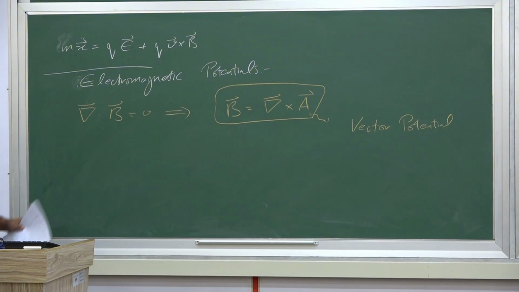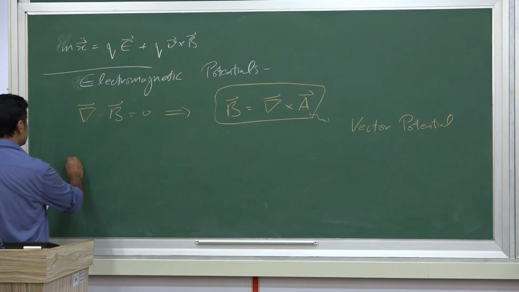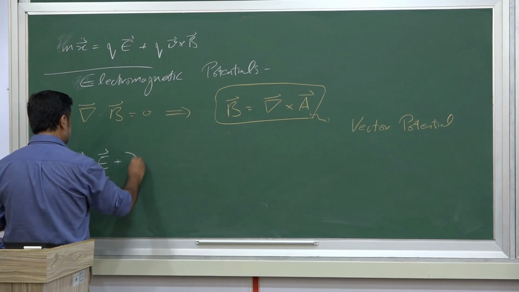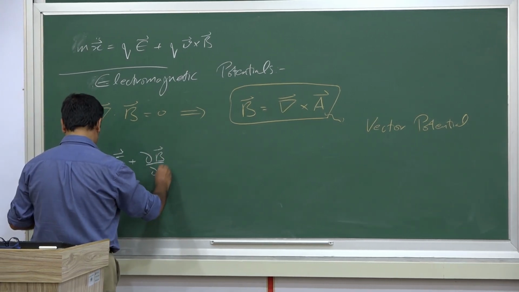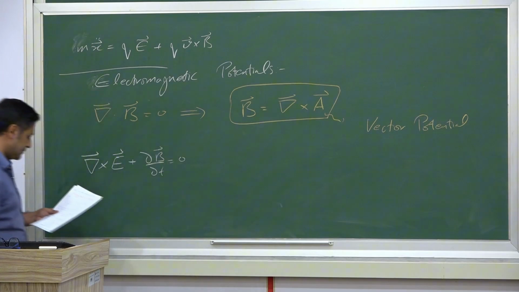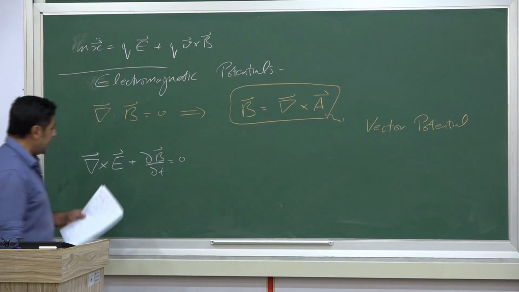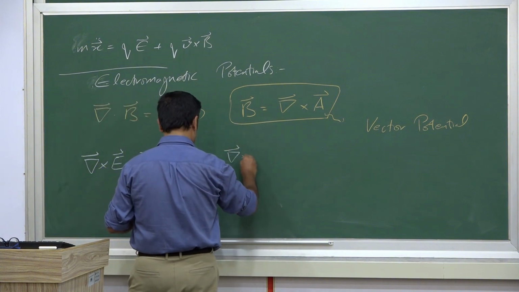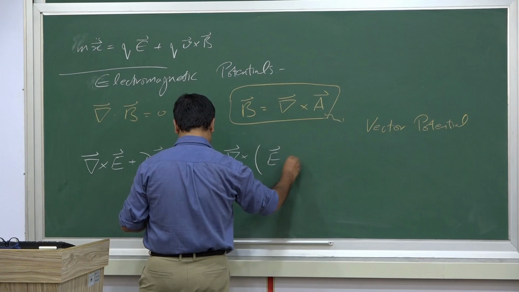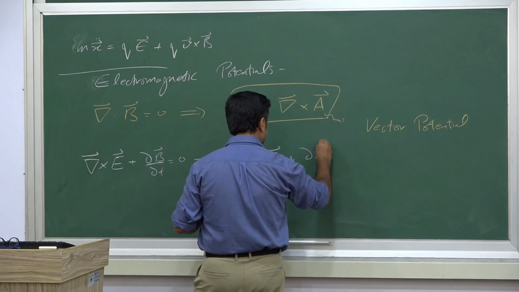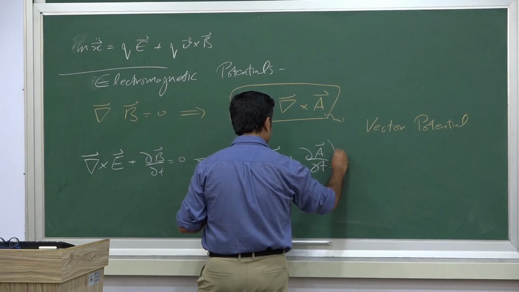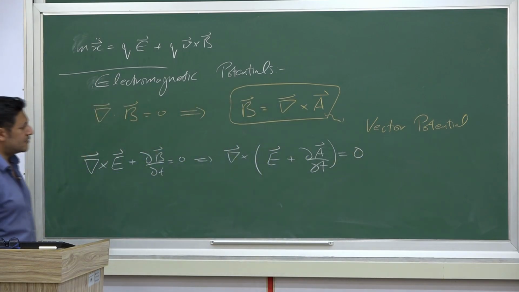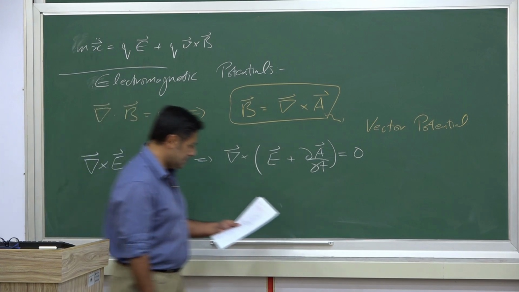Now I take the other sourceless equation. And I just replace this over here. This time I'm getting a curl of a field which is 0.